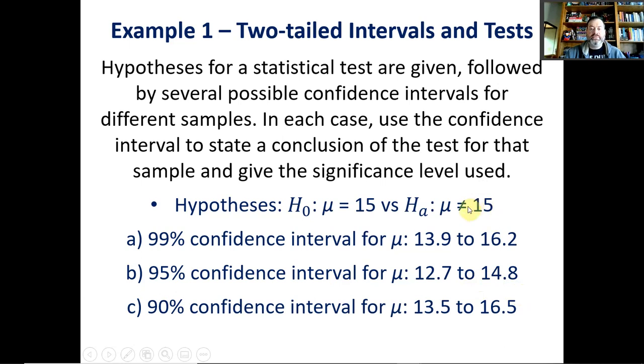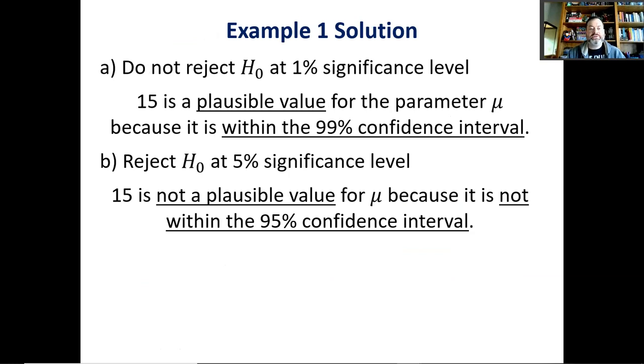That means mu is not 15. It's some other range of values that 15 is not included in. And again, 100% minus 5% gives us 95. So we reject the null hypothesis at the 5% level, because 15, the null parameter value, is not within the confidence interval.